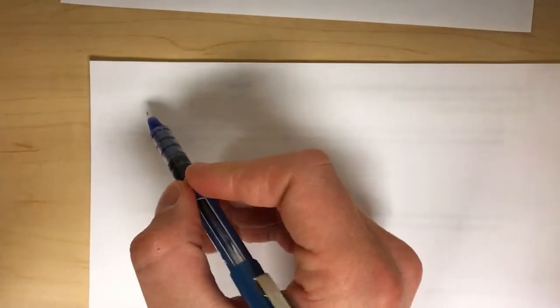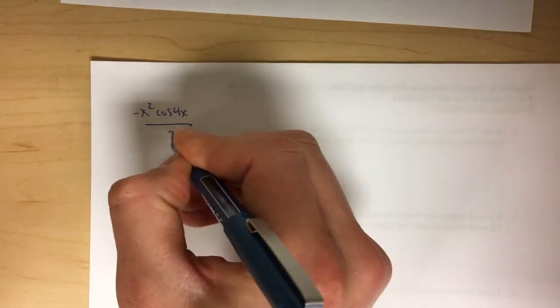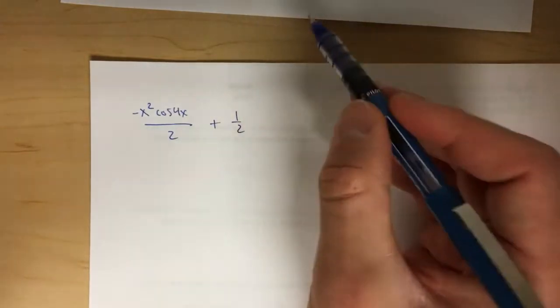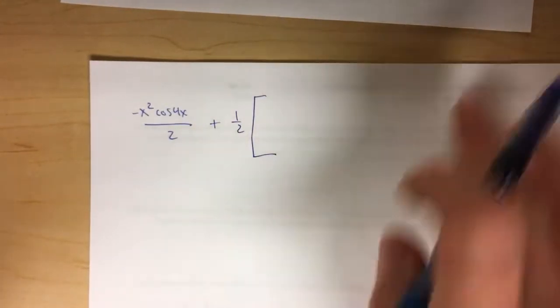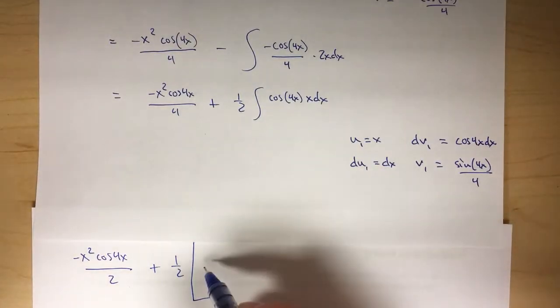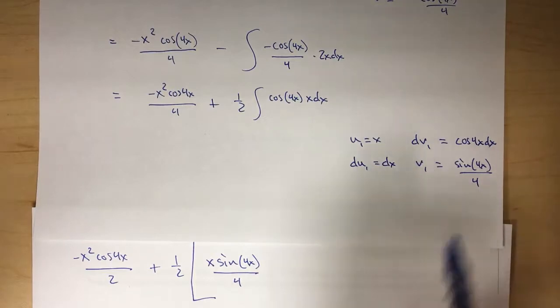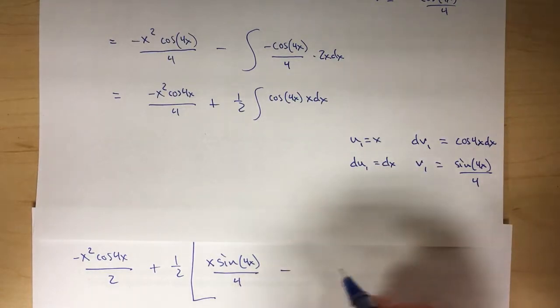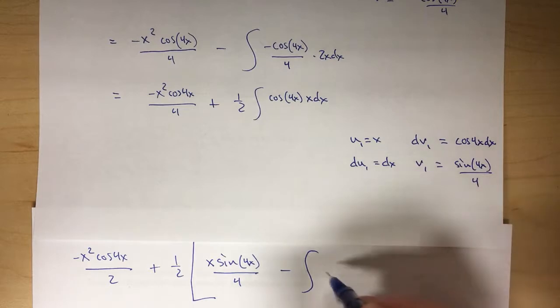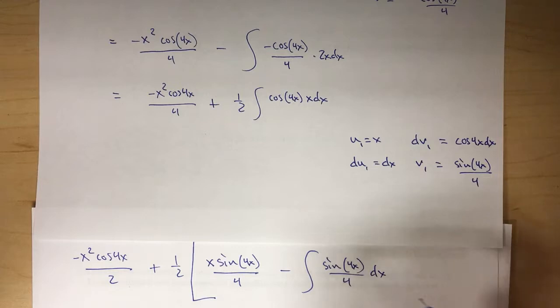But I need to go to another page, so I'm going to do that. So what I had before was negative x squared cosine of 4x divided by 4 plus 1/2 times an integral that can now be written as uv, u sub 1 v sub 1, which is x sine of 4x divided by 4, minus the antiderivative of v du, which was sine of 4x over 4 dx.